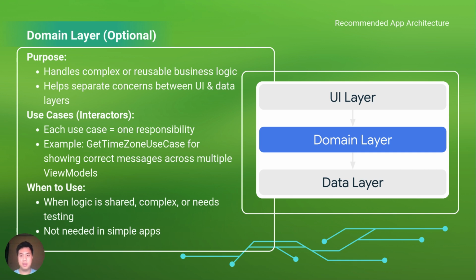Classes in this layer are commonly called use cases or interactors. Each use case should have responsibility over a single functionality. For example, your app could have a get time zone use case class if multiple view models rely on time zones to display the proper message on the screen.